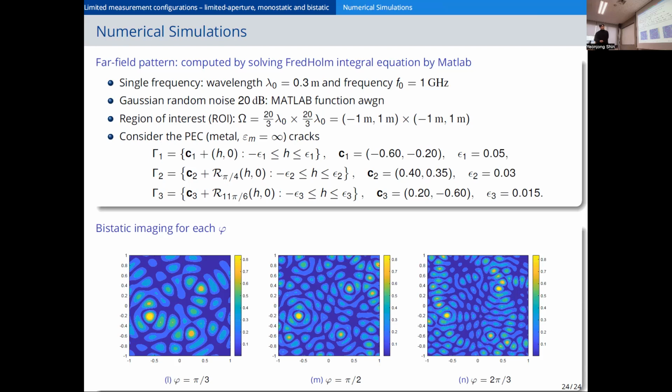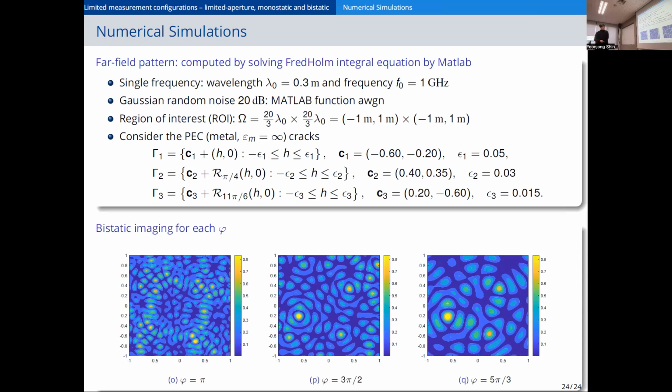If varphi is pi over 2, we can also detect it. And 2 pi over 3 is detected. In other ranges, we can also successfully detect objects. If varphi is pi, we cannot detect any cracks. This is the worst result.